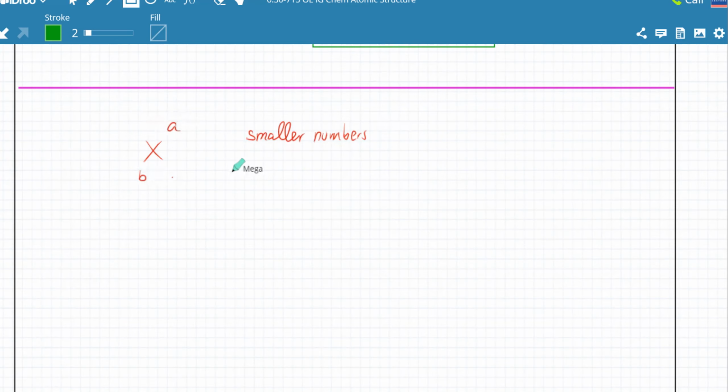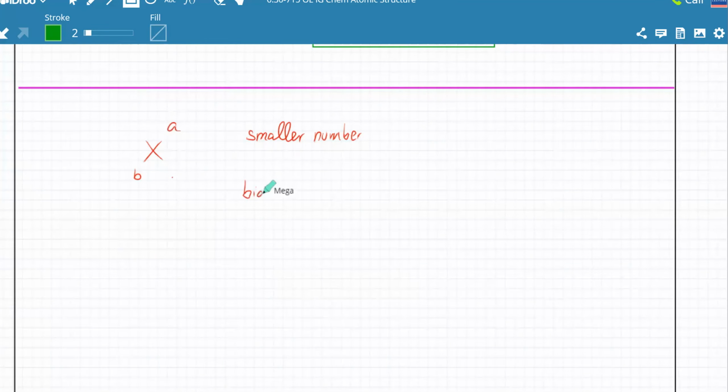Even in your exam, there's a very good chance that if somebody runs out of a periodic table and asks the examiners to find them one, they might just print a random periodic table from the internet. So the position of the numbers could be all over the place. I'm just going to tell you that there's a smaller number and there's a bigger number.